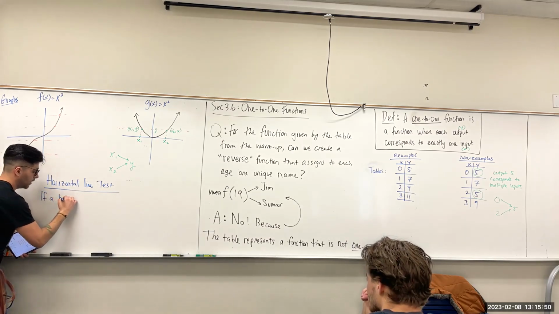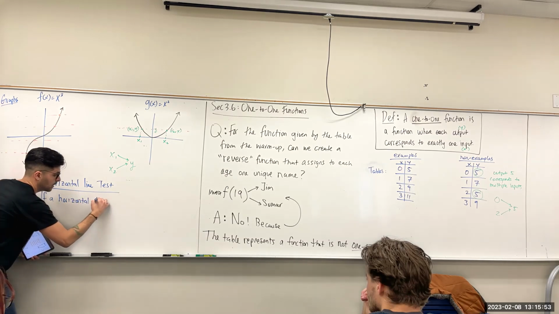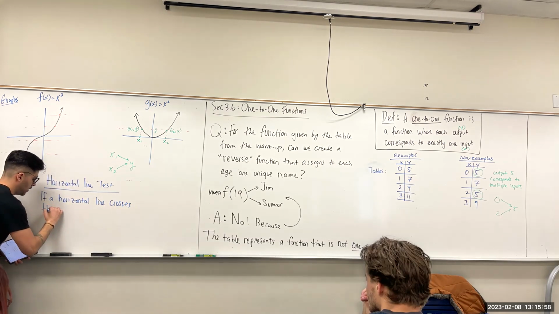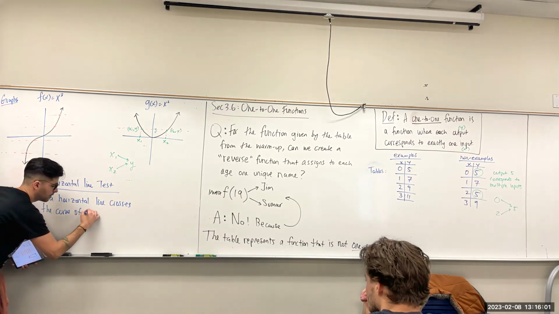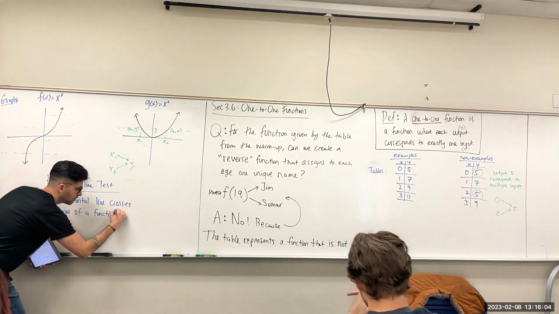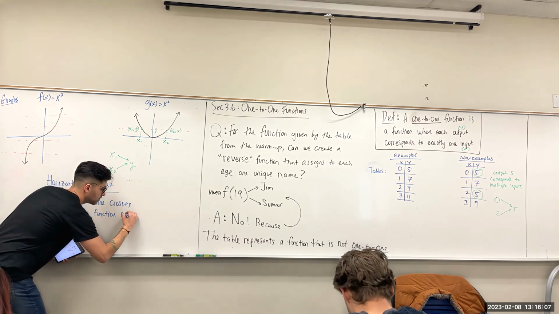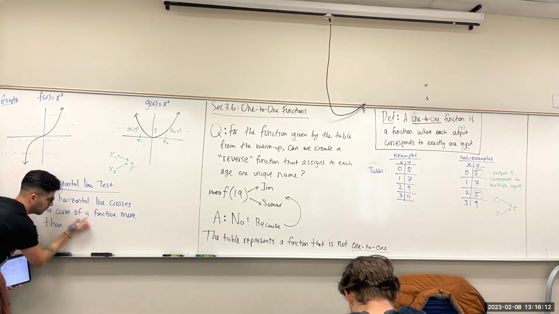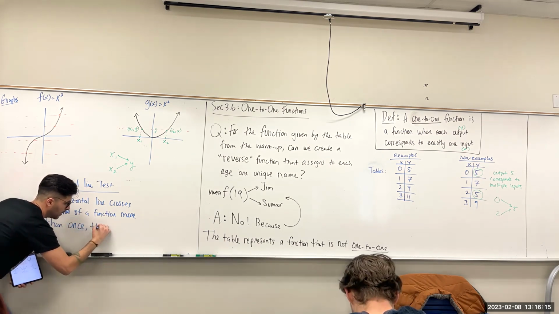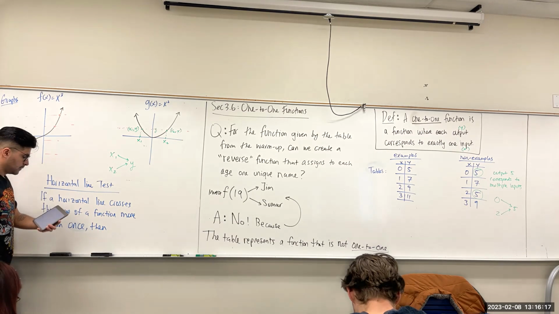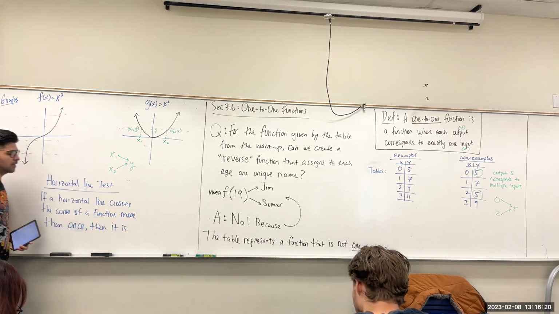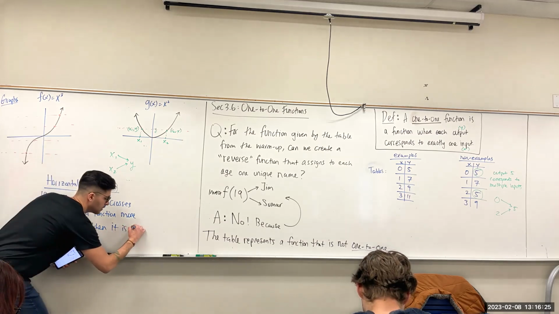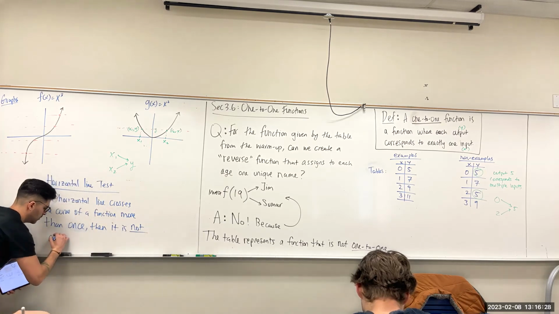So if a horizontal line crosses the curve of a function, notice it has to be a function, more than once, then it is or is not. If it crosses it more than once, it is not one-to-one.